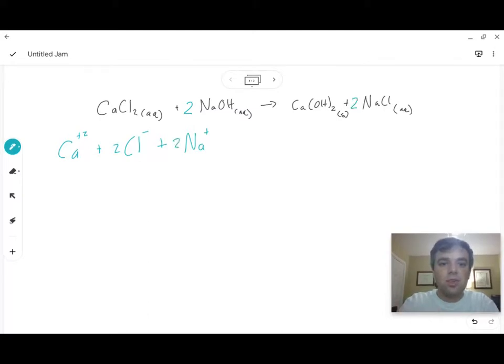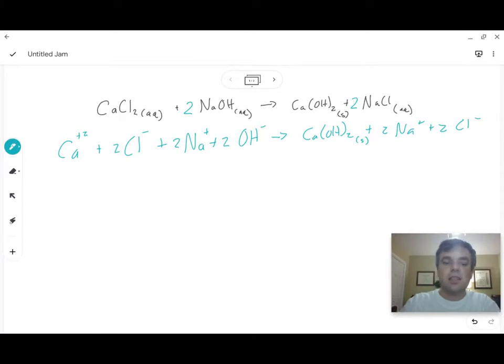So 2 sodium ions plus 2 hydroxide ions. And that's going to make calcium hydroxide plus 2 sodium ions plus 2 chloride ions. And we don't break up the calcium hydroxide because it is a solid precipitate. So that would be a complete ionic equation.